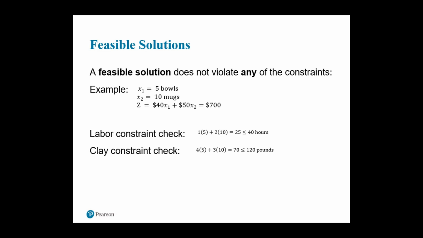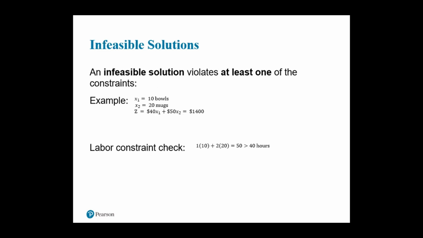So take note, feasible solution. We have infeasible solution, and it violates at least one constraint. If you have a solution that violates one of the constraints, then it's infeasible. In other words, the firm cannot use that, can't achieve it. So, for instance, you have 10 bowls and then 20 mugs.